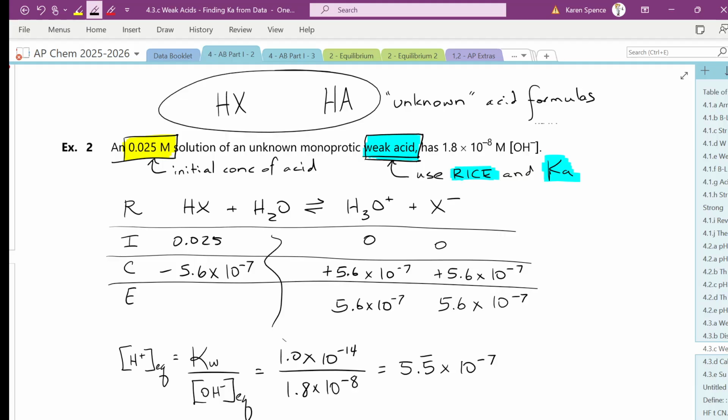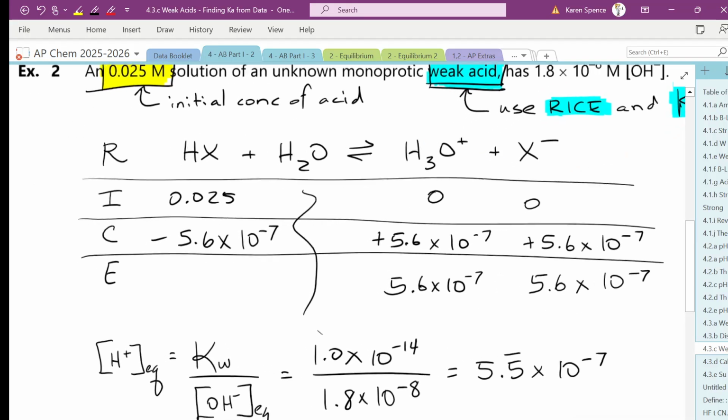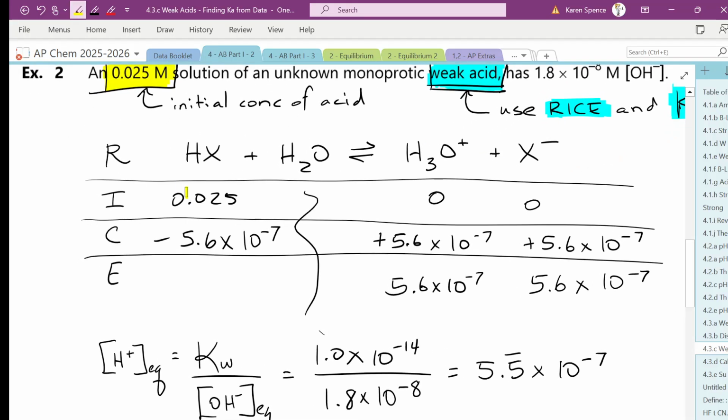Now, one thing you're going to notice is that when we do our subtraction here, we get the number 0.024999444. Yes? Is that, to significant digits, any different than 0.025?